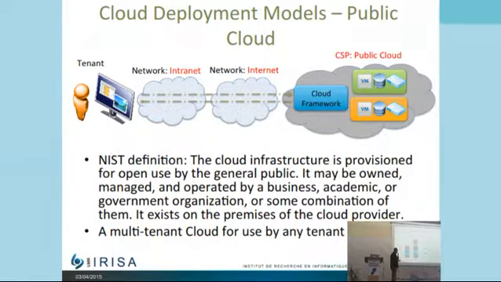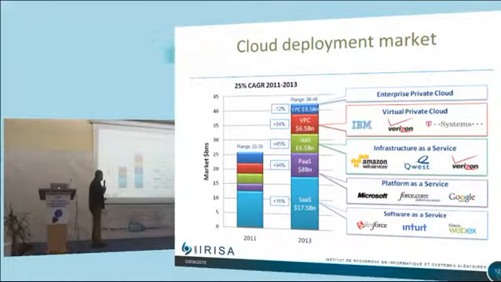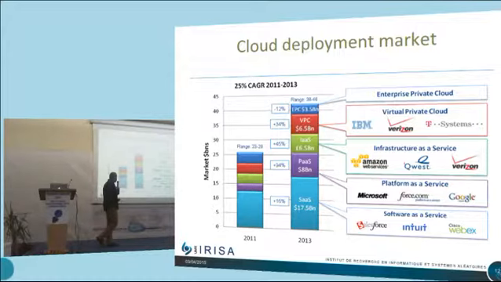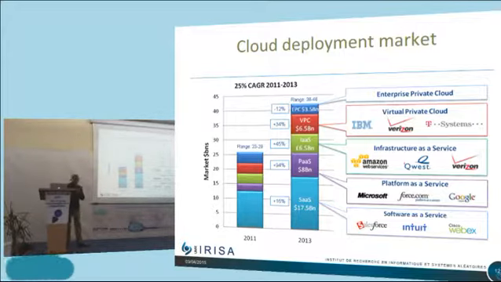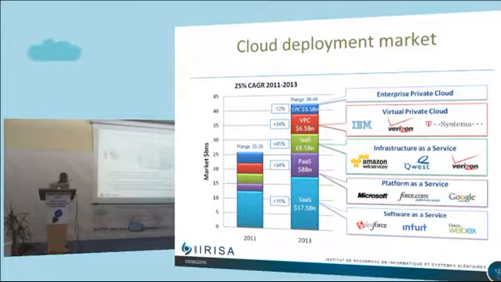We have platform as a service, which is newer for users, with Microsoft, and after that we have infrastructure with players like Amazon and Verizon in the US, and we have private cloud. This, as I said, is more dedicated to the private use of the enterprise. As with the telecom system, we are using this for the private network.